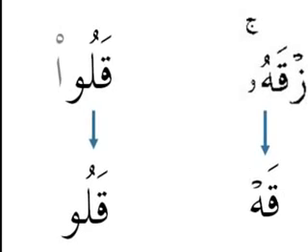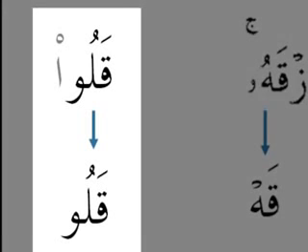Okay, and the last example is this one. So you'll see this in quite a few, they're normally verbs. Here we have qalu, and we haven't covered this actual symbol. In the Uthmani script, you'll find these alifs with a round circle, and in this case that round circle is not a sukoon.